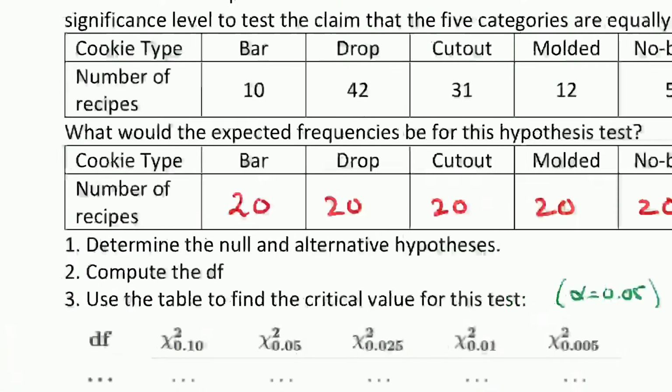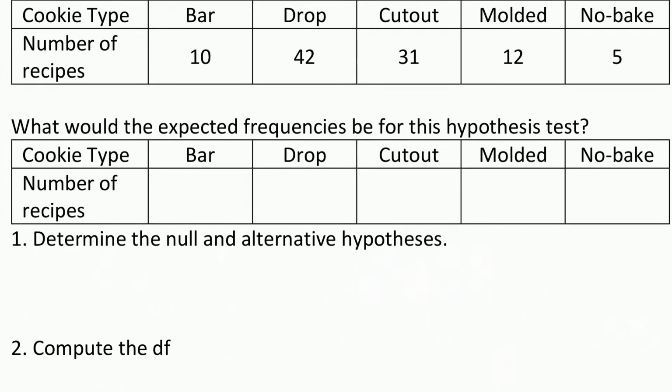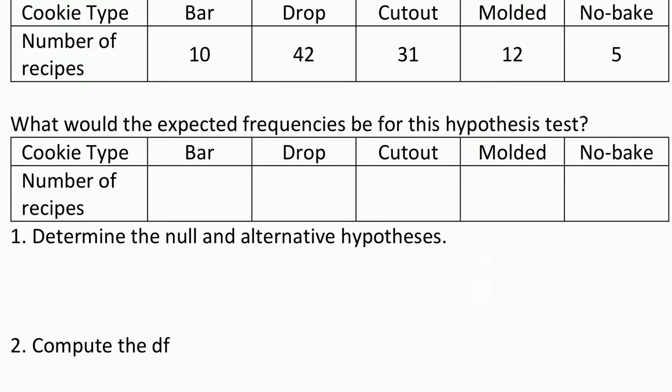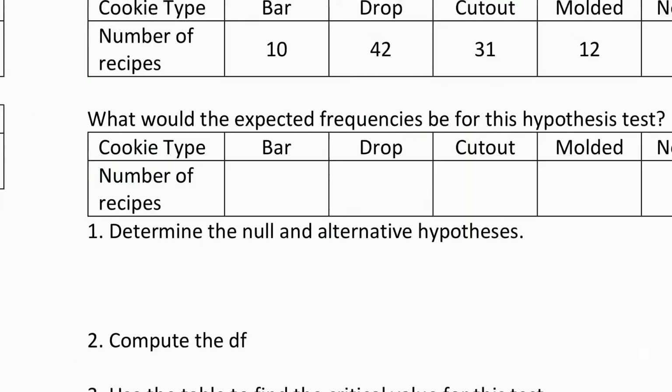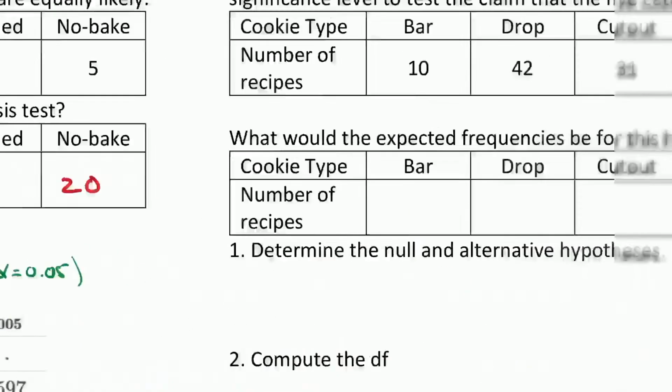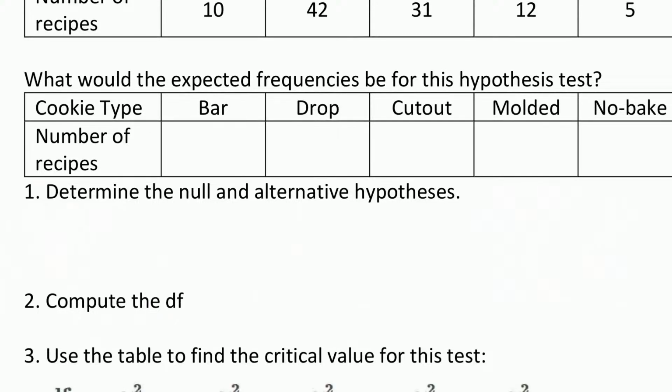I didn't leave any room here, mainly because when I realized I hadn't brought the quiz with me, I condensed it to try to cram more on the screen, but it would have looked like this. So the null hypothesis is that all cookie types are equally distributed.